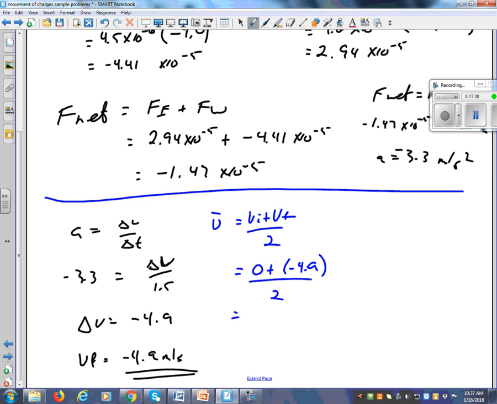Still on my calculator, divide by 2, so minus 2.45. And now we can finally do the last bit. Minus 3.7 meters.